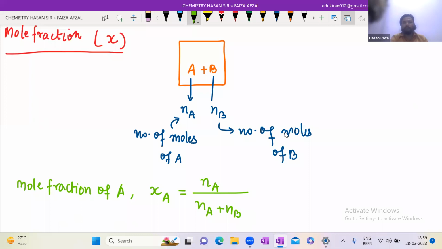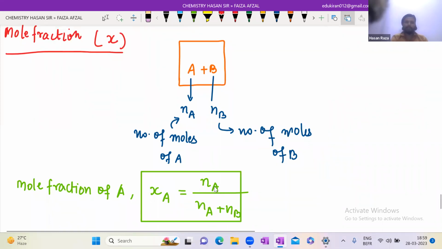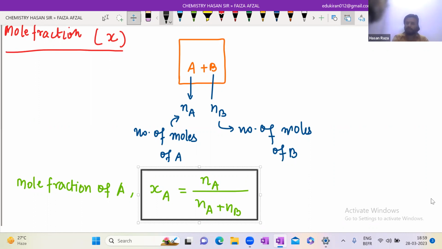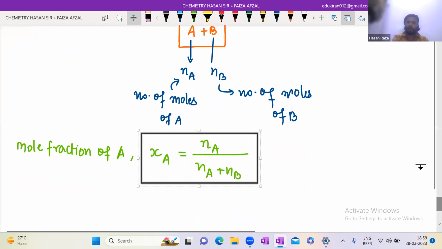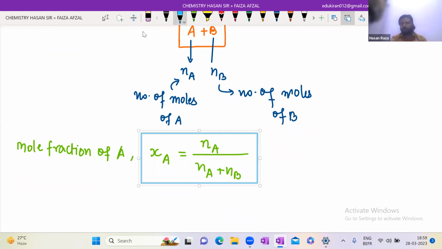This is the formula for mole fraction. Mole fraction of A will be equal to number of moles of A upon number of moles of A plus number of moles of B. That means in the denominator we have all the moles of the container.